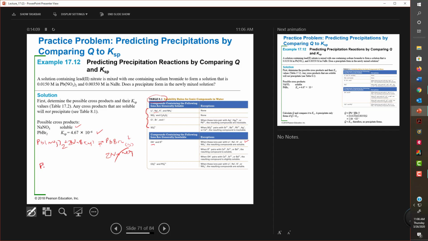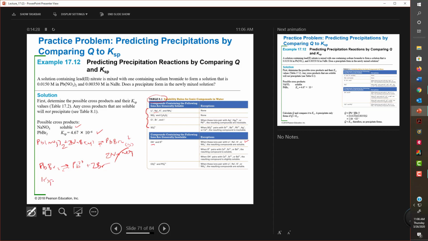of lead(II) bromide, that yields the lead(II) ion plus the 2 bromide ions. You can write the solubility product expression for that.